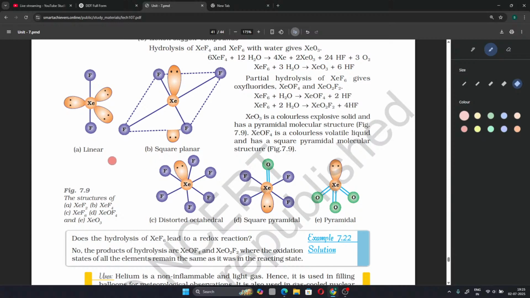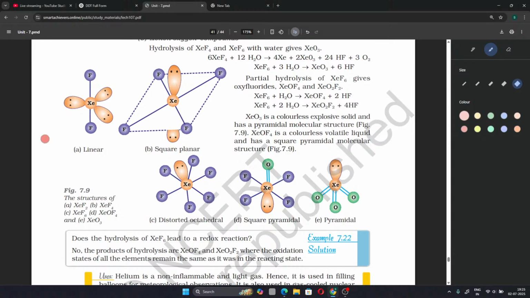B is XeF4, xenon tetrafluoride. It uses 2 lone pairs for bonding to form 4 covalent bonds, and it gives us a square planar structure.